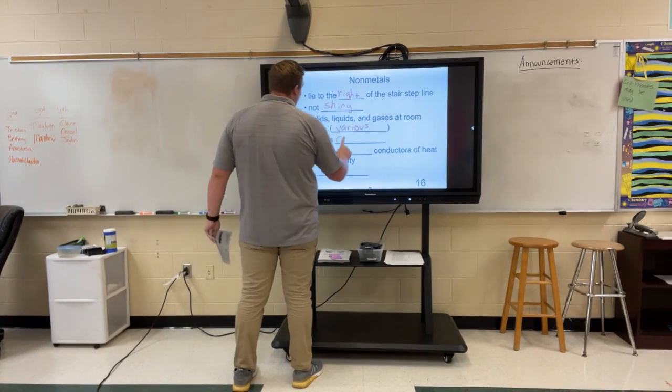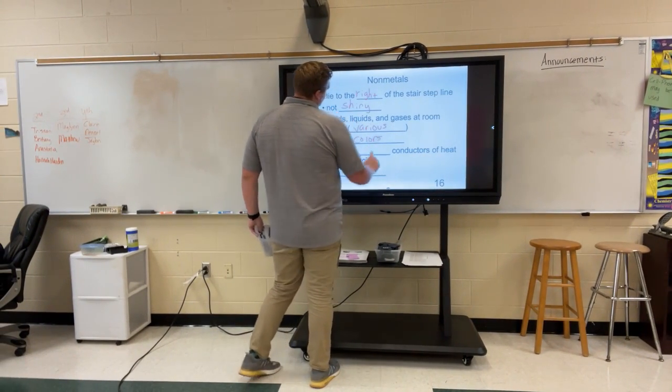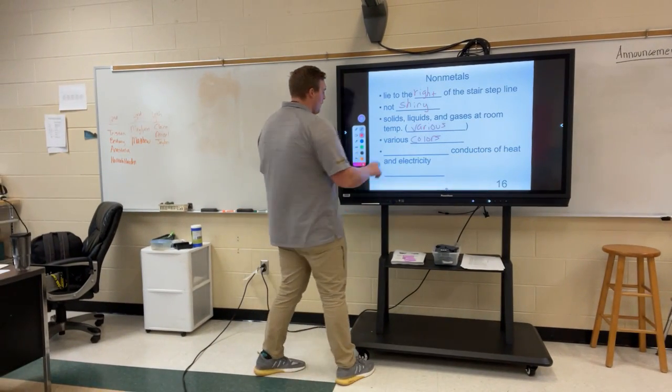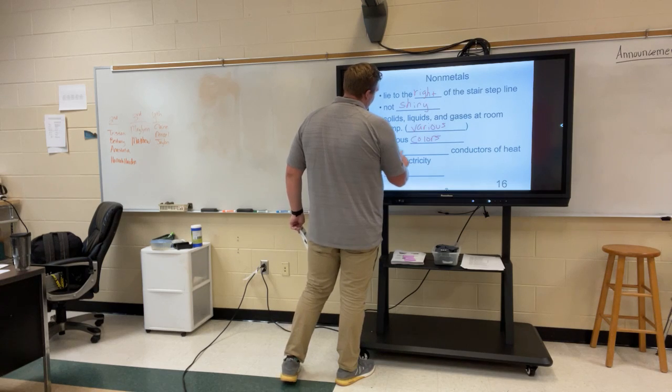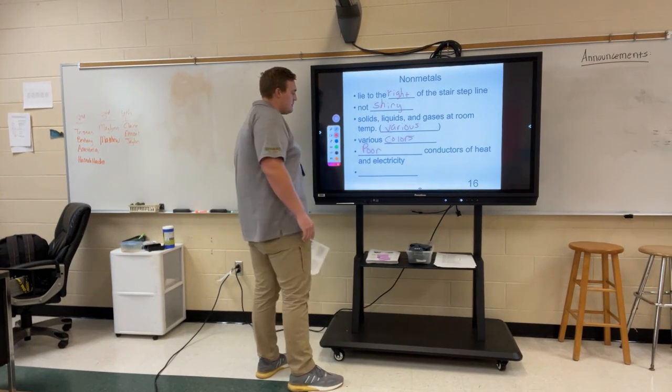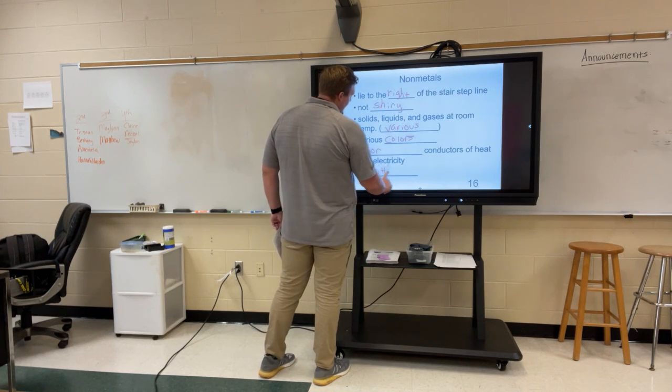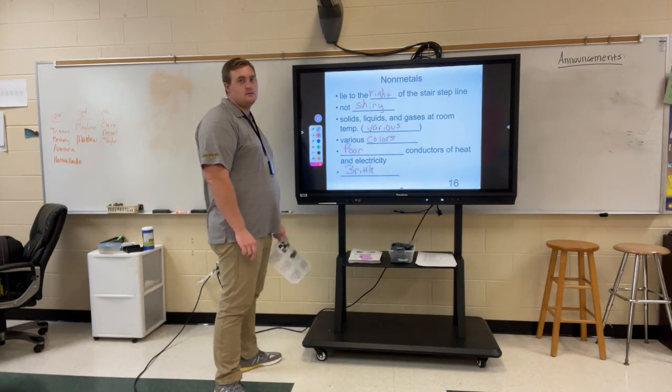They have various colors, as you'll see in a minute. They are poor conductors of heat and electricity. We don't use these for pots and pans. And they are brittle. They will break easily if they're solids. They're very brittle, okay?